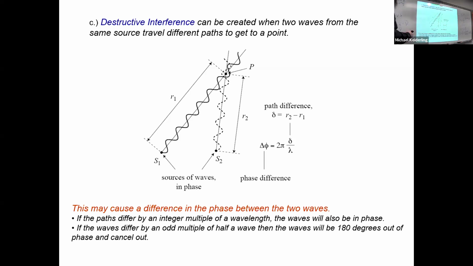This causes a difference in phase between the two waves. If the two paths differ by an integer multiple of wavelengths, the waves will be in phase. If they differ by an odd multiple of half a wavelength, they'll be 180 degrees out of phase and cancel out.